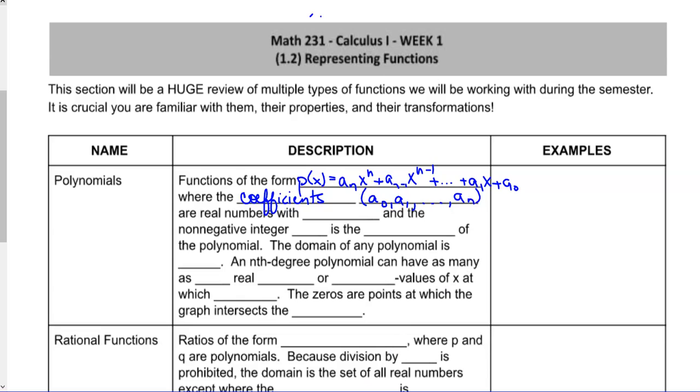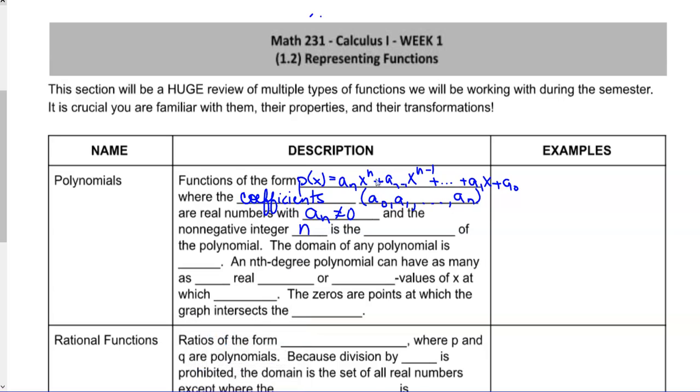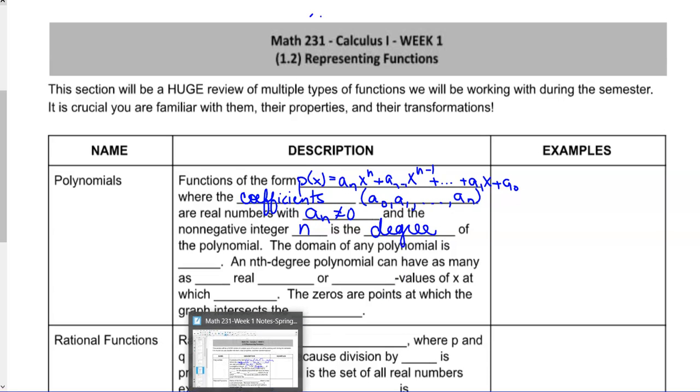Now, they are real numbers with a sub n not equaling 0 and the non-negative integer n. So this power here is always a positive number. That is the degree of the polynomial.